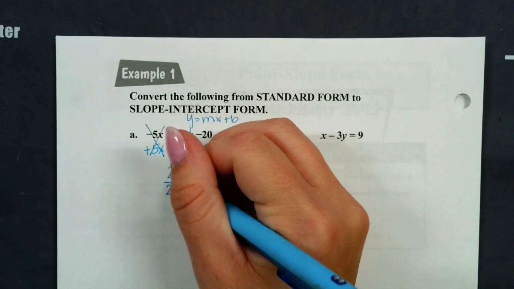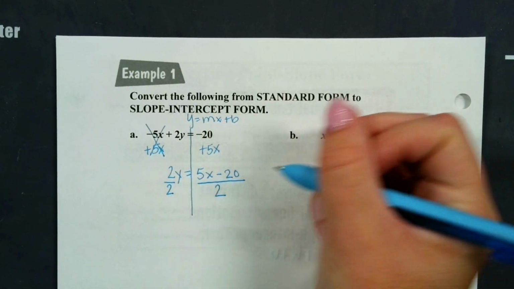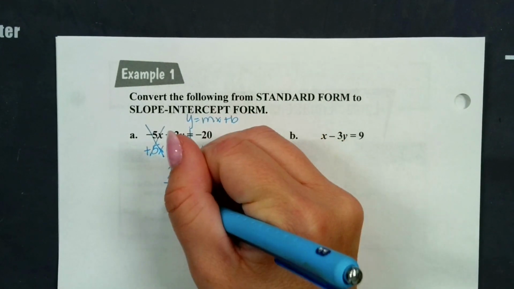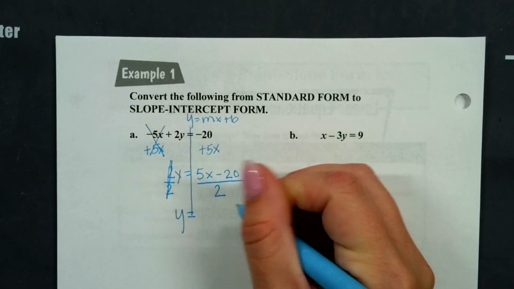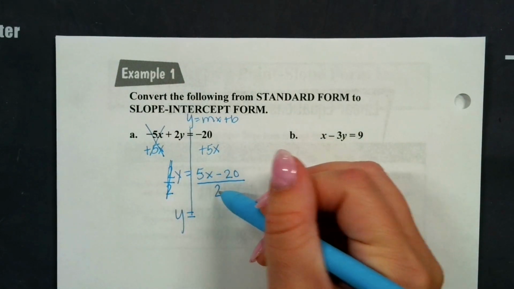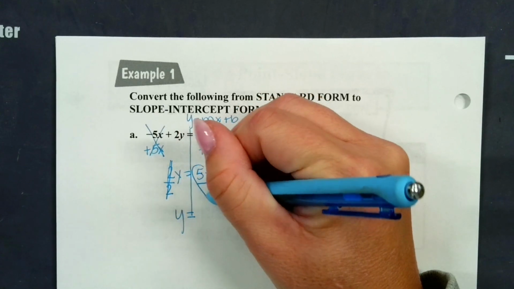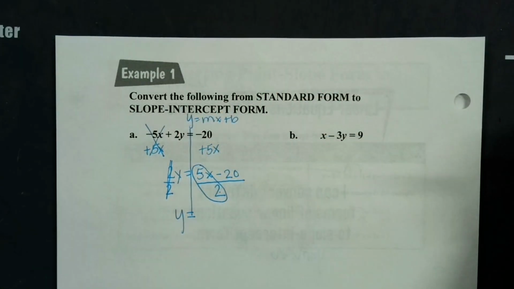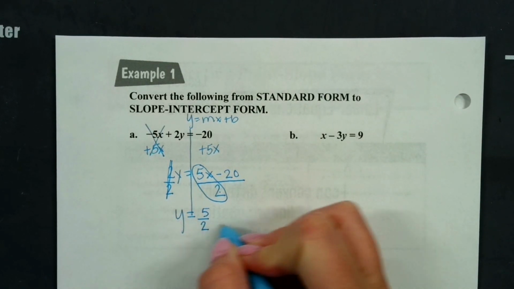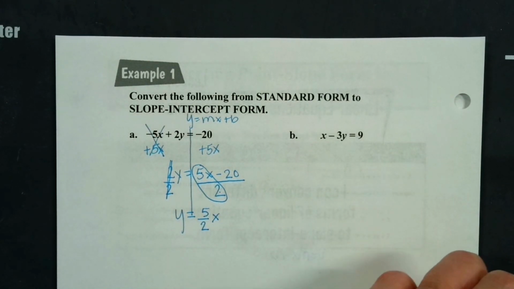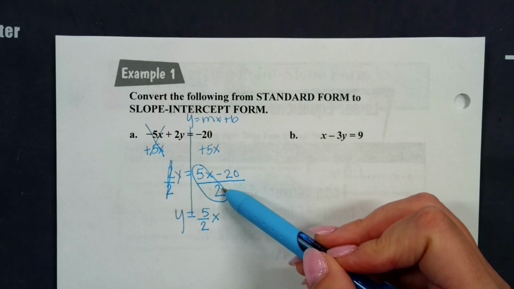Whatever I do to one side, I have to do to the other. Opposites cancel. This whole top is divided by 2. I do not want a decimal. So I'm going to leave that, just 5 divided by 2. Leave it as a fraction. What is negative 20 divided by 2?